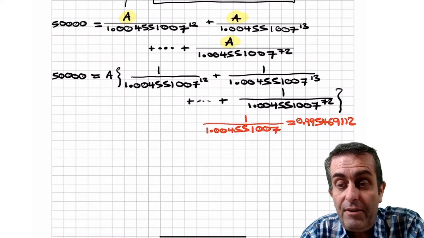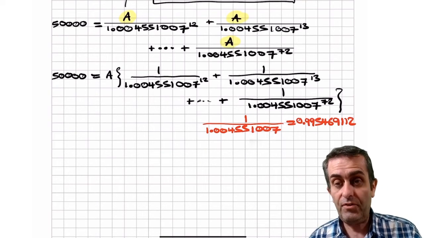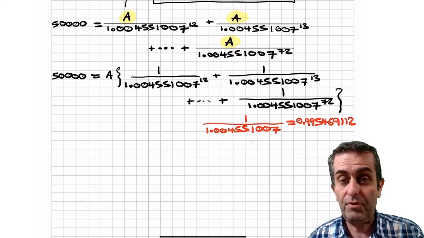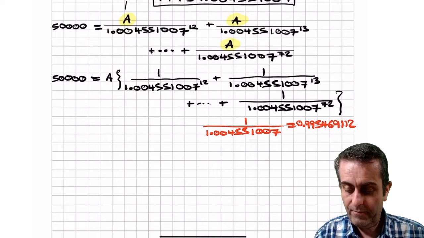It's just so much easier if I replace my fractions with that number. So all I've done to calculate that number is just go 1 divided by 1.004551007.